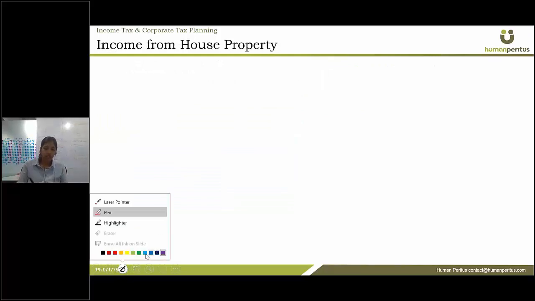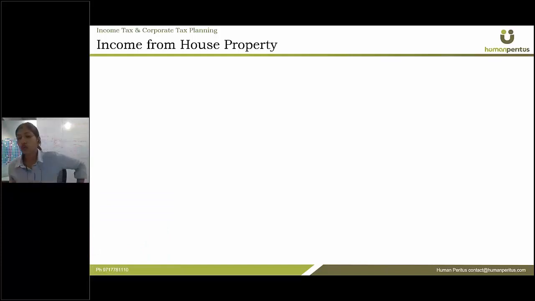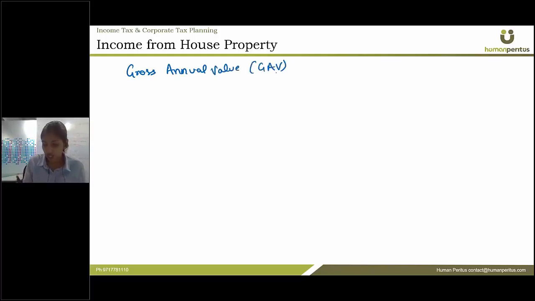Now these were some concepts. Now, what is income from house property? How do you calculate income? So first of all, we calculate the gross annual value of the property, or we can say GAV. We'll study in detail how we calculate gross annual value or GAV of the property.